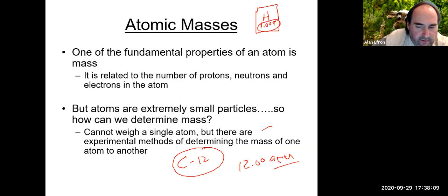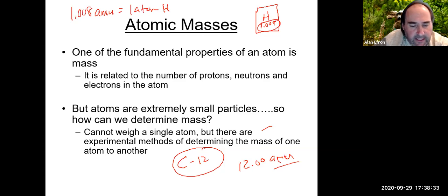That's usually what we can pull off of the periodic table. One unit that we use a little bit in this chapter, but not so much after that, is that we could say there's 1.008 atomic mass units in one atom of hydrogen. So that's the relationship you get when you pull these numbers off of the periodic table.